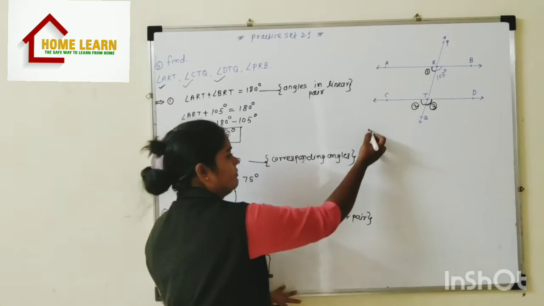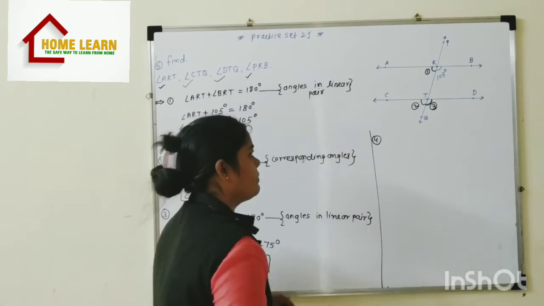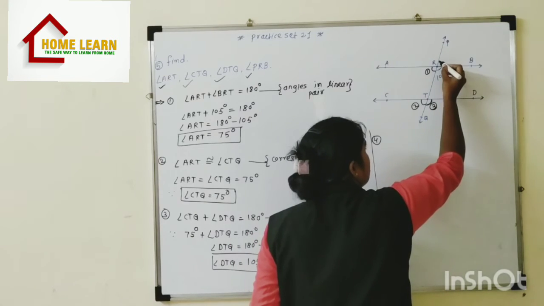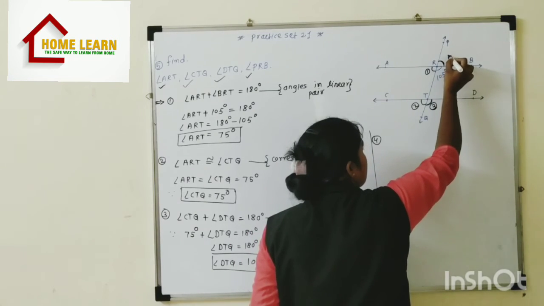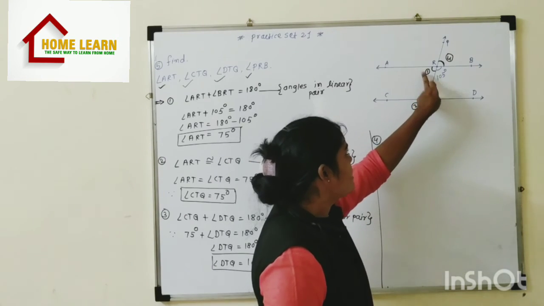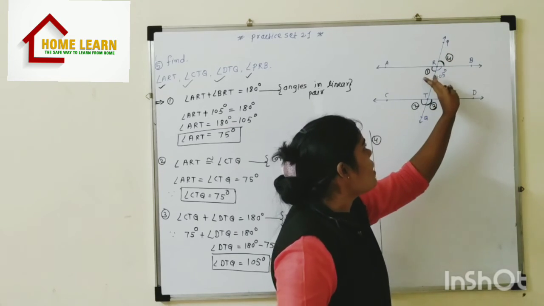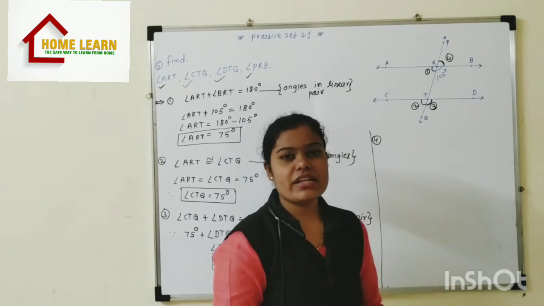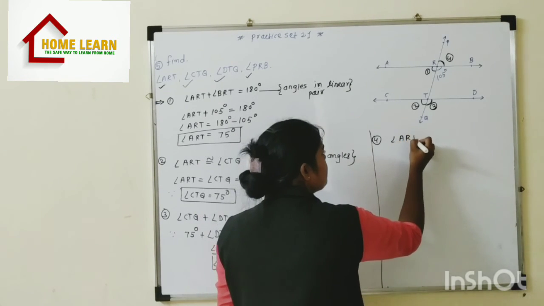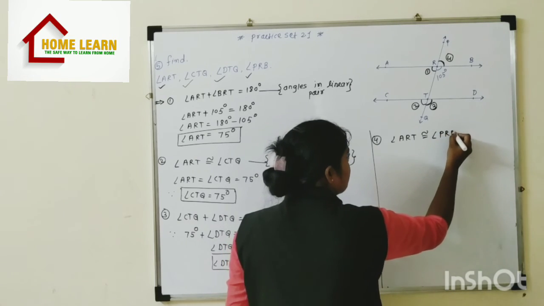Now the last one, angle PRB. See here, this is angle PRB, that means we have to find this angle, angle number 4. Now you can see angle 1, that is ART, and angle PRB, angle 4, are vertically opposite angles, and vertically opposite angles are congruent. So right here, angle ART is congruent to angle PRB.